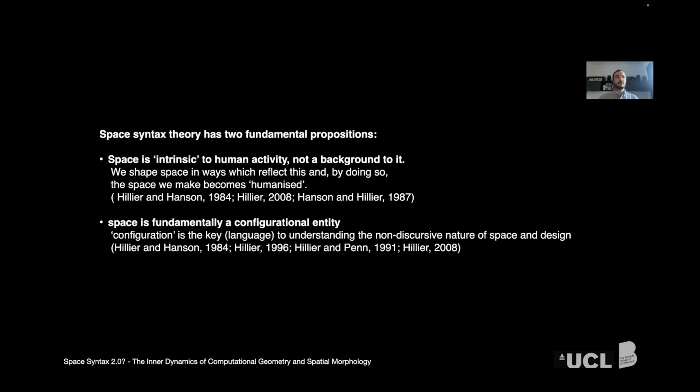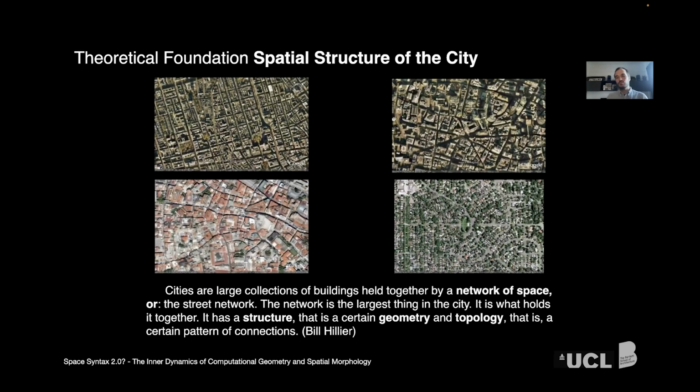The space is vital for human activity, not a background to it. And space is fundamentally a configurational entity. So cities are large collections of buildings held together by a network of space or the street network.